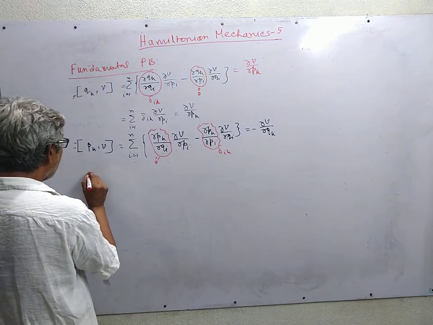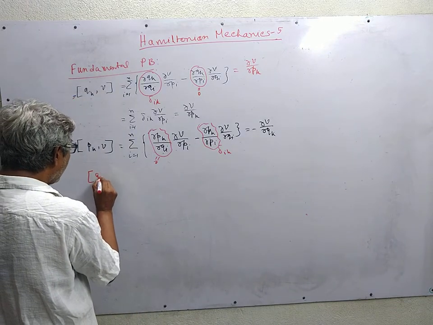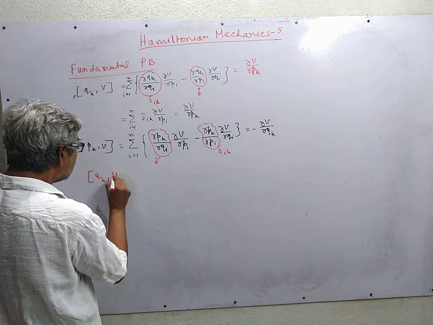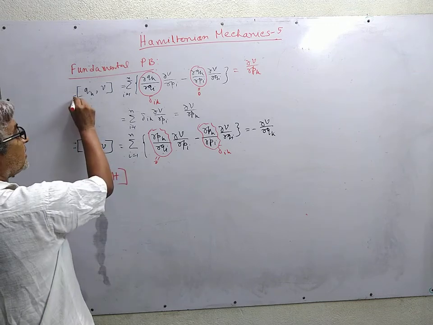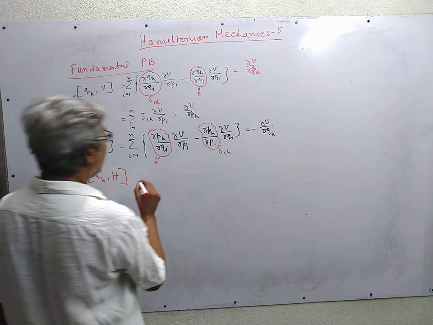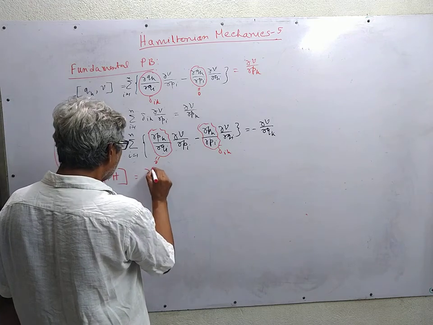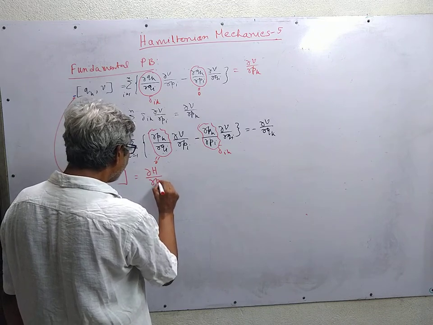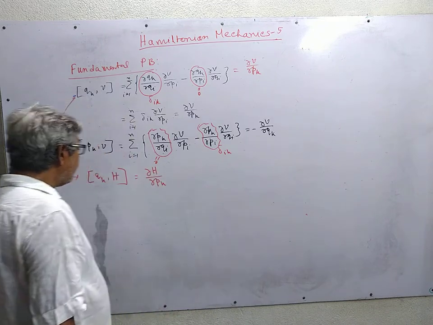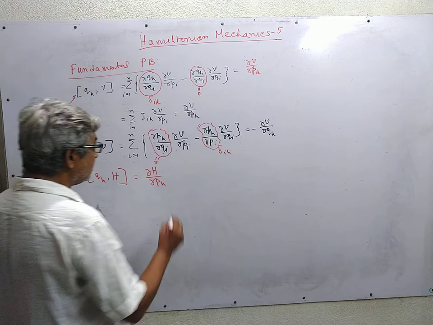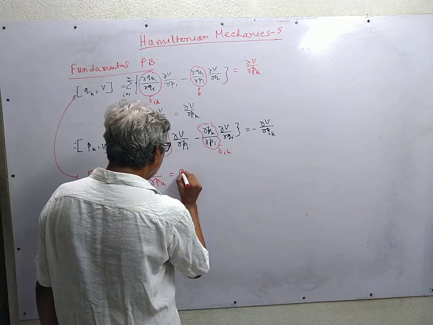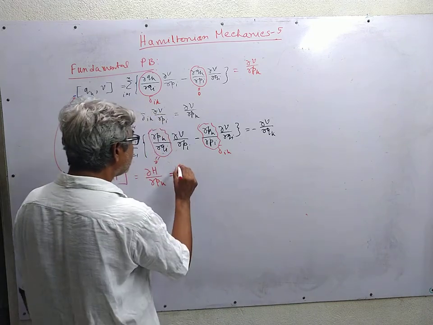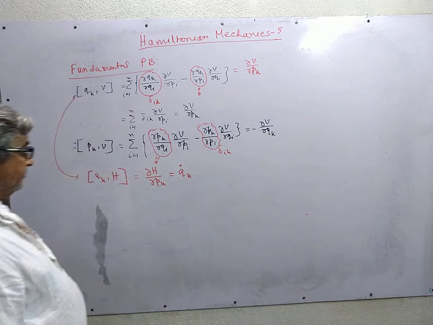So we write with Q_k H this relation. What we get is equal to del H del P_k. We know that del H del P_k is the Q_k dot, the Hamilton's canonical equation.